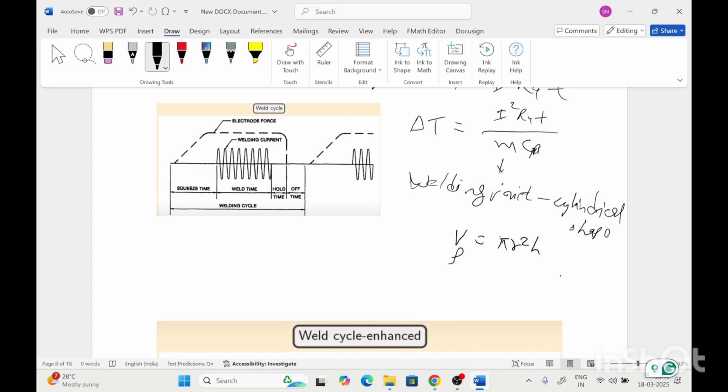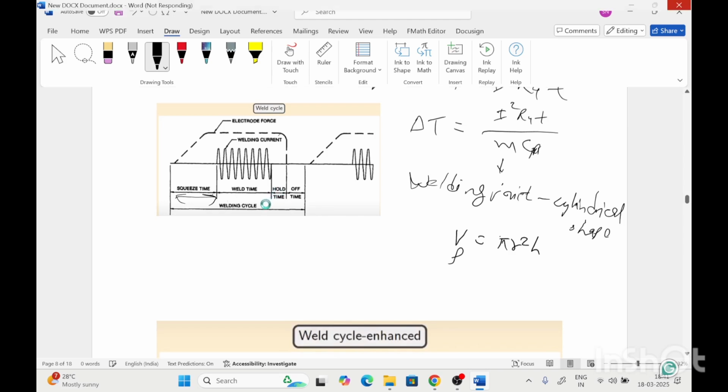This is the weld cycle of resistance spot welding, shown in this schematic. First the electrode force is increased to a level, then maintained when the welding current is applied. This time is known as the squeeze time. Then the weld time, during which the current is applied.